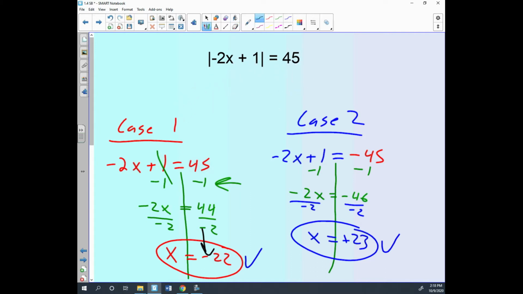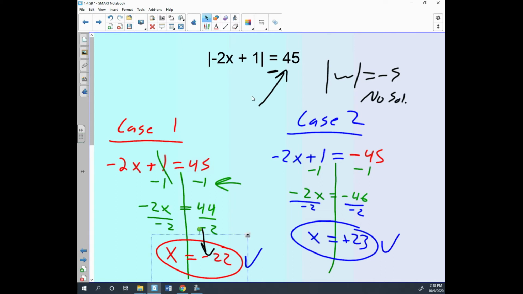So like this number on the outside of the x, or the equals number, that could never be a negative. So if we had blah, blah, blah equals a negative 5 or something, the answer to that one would be no solution. But in this case, this negative 22 and this positive 23, those equal the 45 that I wanted, okay?